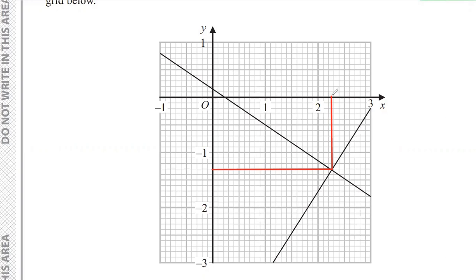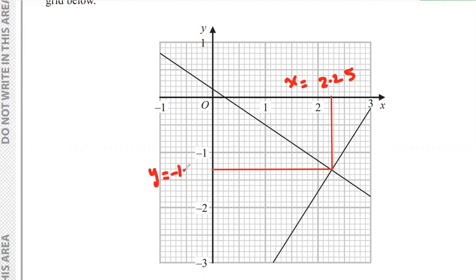So it looks like it's halfway between 2 and 2.5. So this will be 2.25, the value of x. And the value of y looks like it is between -1 and -2. So halfway between them is -1.5. So it's going to be -1.1, -1.2, -1.3.